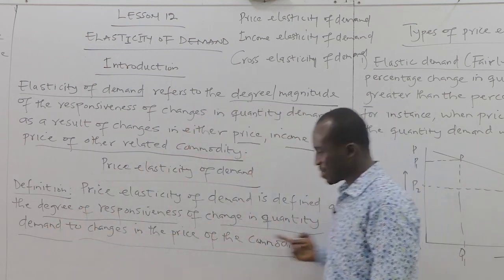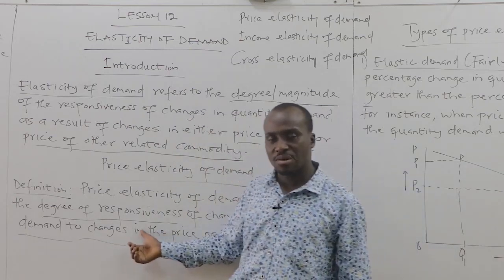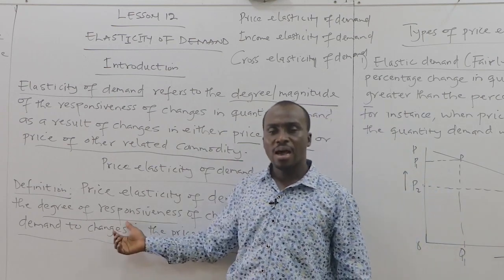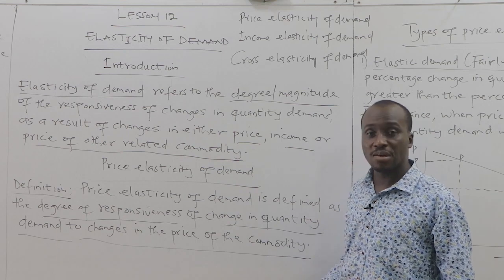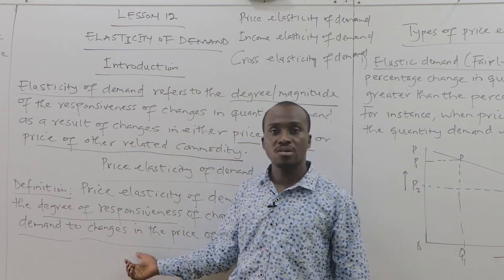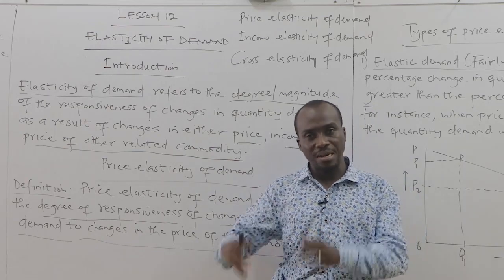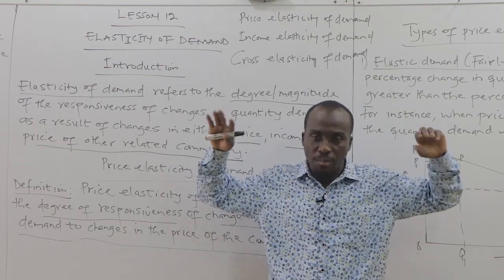How does your demand respond to changes in price? If price increases by 10%, will your demand fall by 40%, or 80%, or 100%? So we see the different degrees to which a consumer's quantity demanded responds to changes in price. Just think about it.